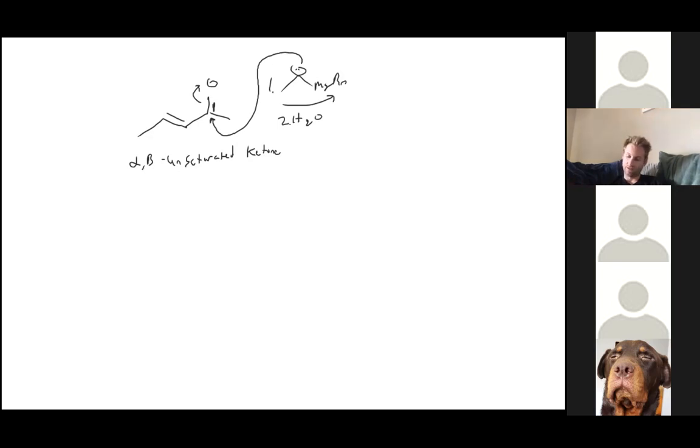We're going to end up making an alcohol, plus this ethyl group. We kind of ignore the double bond in this case. If we add in a cuprate, it's going to do the extended addition.